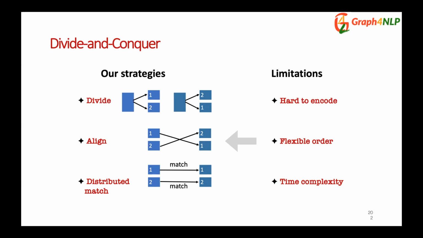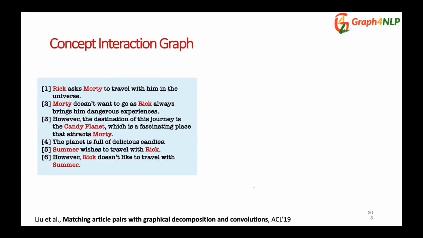So our strategy is to divide a long document into several short parts, align the corresponding parts within a pair of documents, and perform distributed matching with the corresponding short parts. So we propose the so-called concept interaction graph. This is an example. Let's say we have a document containing six sentences, and we extract keywords.